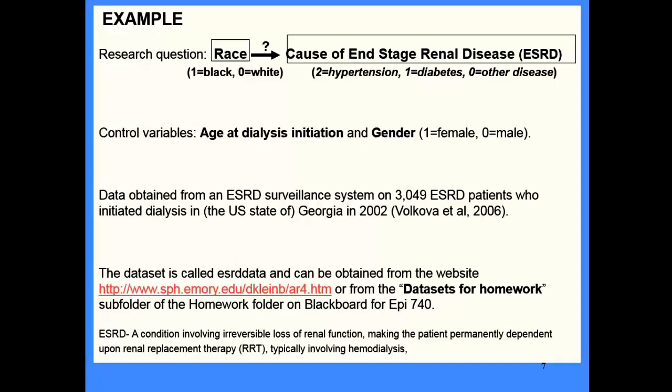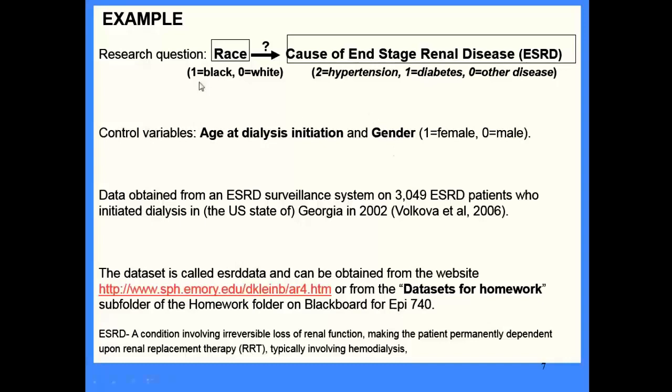So these 3 categories are not really ordered. If we're talking about ordered categories, then we're talking about a different kind of logistic regression generalization called ordinal logistic regression. But these are categories that really, even though I've numbered them 2, 1, and 0, are not orderable. You can't really say that hypertension is worse.